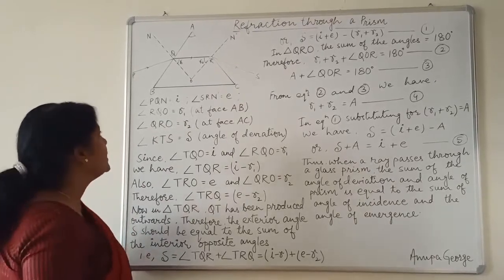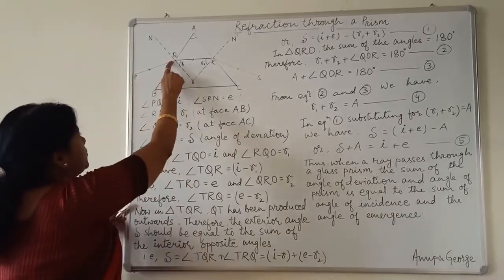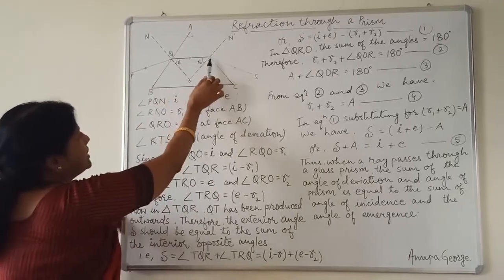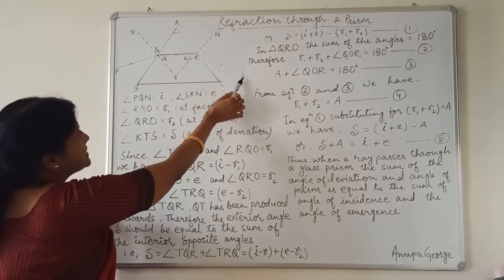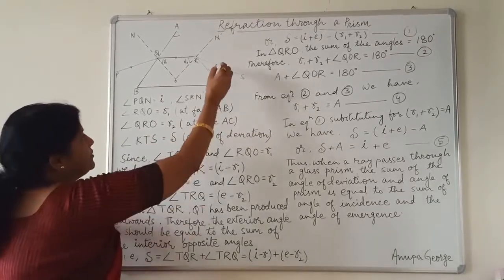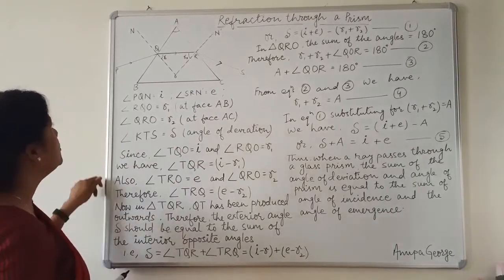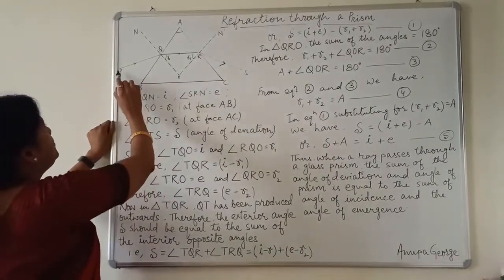Then we have PQ the incident ray, QR the refracted ray and RS the emergent ray.